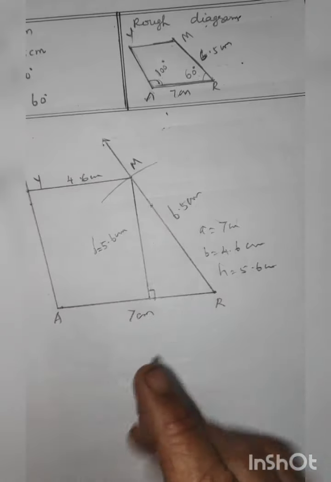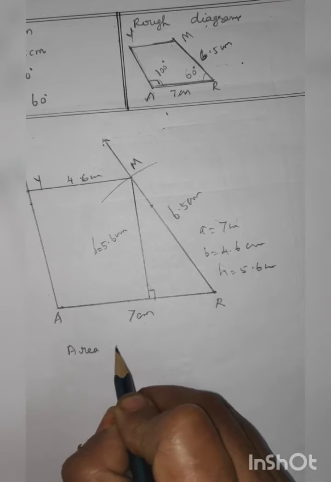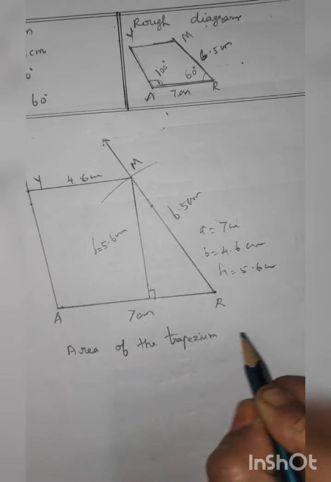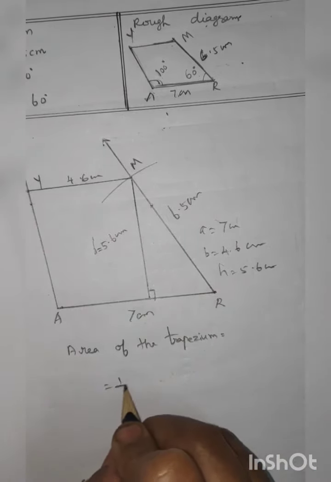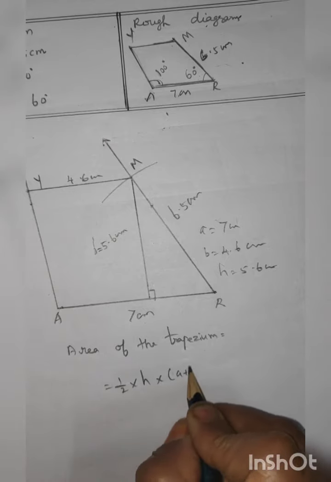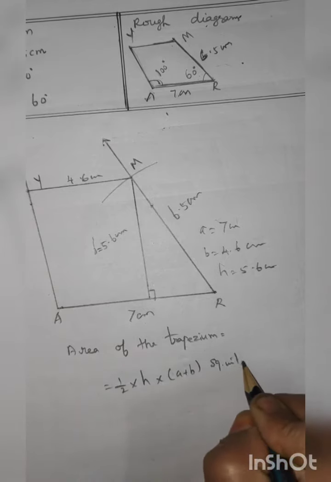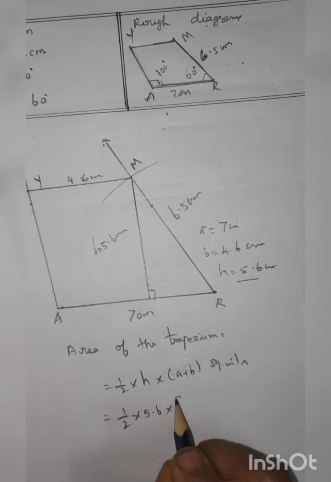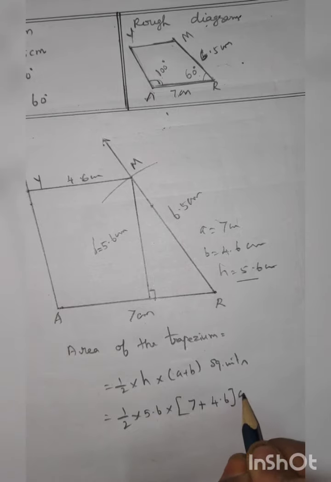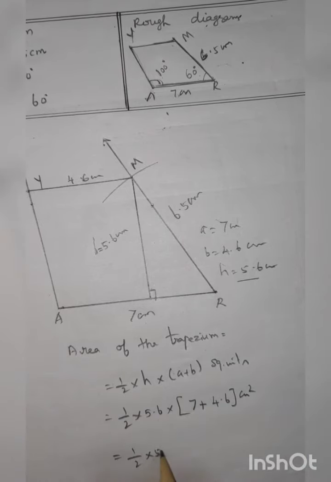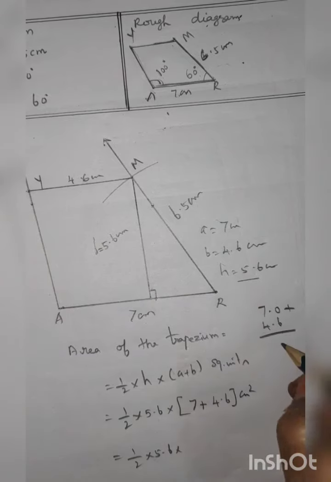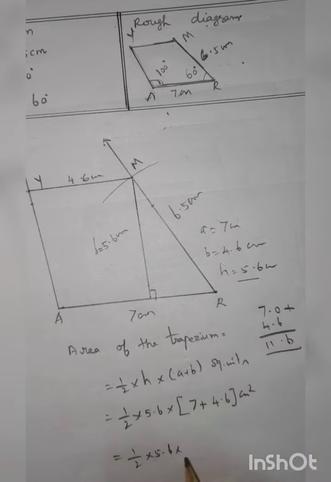Now area of the trapezium equal to 1 by 2 into H into A plus B square units. 1 by 2 into H value, equal to 5.6 into, start the bracket, A value is 7 plus B value is 4.6 centimeter squared. 1 by 2 into 5.6 into 7.0 plus 4.6, you add and write 6. 7 plus 4, 11.